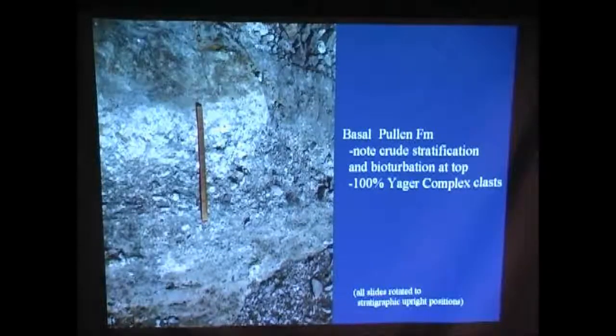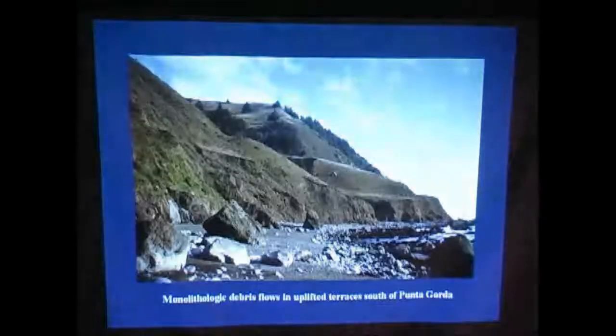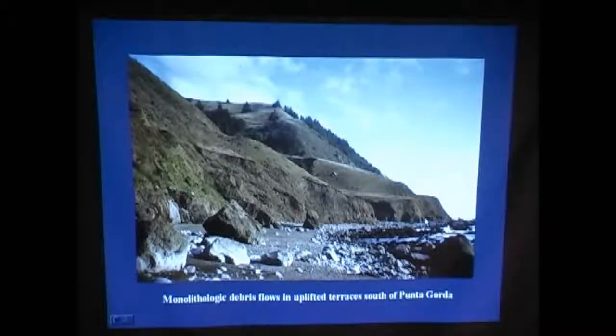And what William and I think is that these are debris flows that came off sea cliffs out onto a nearshore marine abrasion platform. And we have a good analog for that just south near Punta Gorda, the Lost Coast. In the wintertime, these drainages suffer catastrophic mass failure, and you get debris flows rocketing out into the ocean.